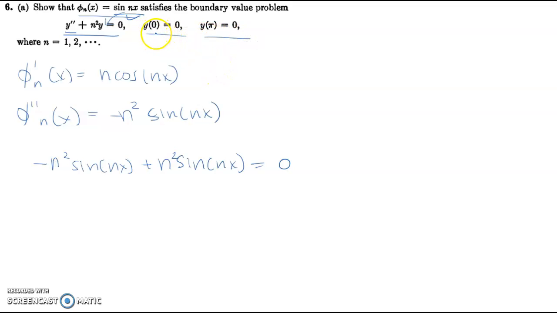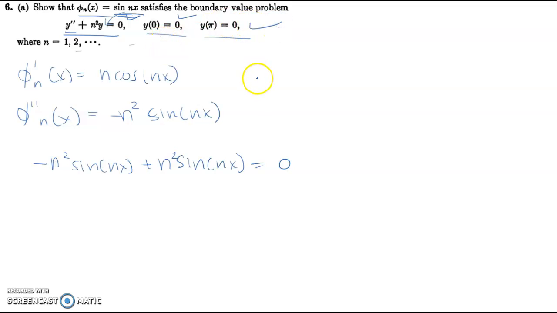When x is 0, sine of 0 equals 0, so the first boundary value is satisfied. For the second boundary, if x is pi, where n takes values of all the positive counting numbers, then sine of n pi is also 0.